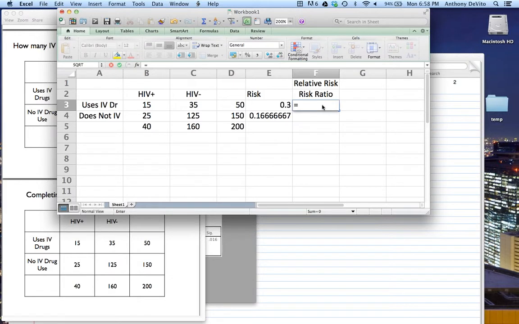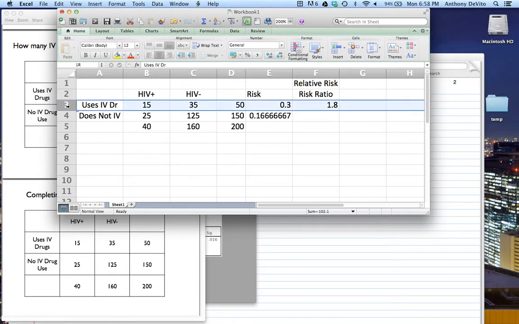So that's going to be equal to 30% over 16%, and that comes out to 1.8. So what this is telling us is that you're 1.8 times as likely to be HIV positive. You're almost twice as likely to be HIV positive if you're an IV drug user versus if you're not.